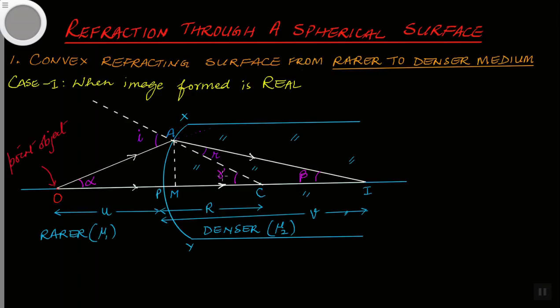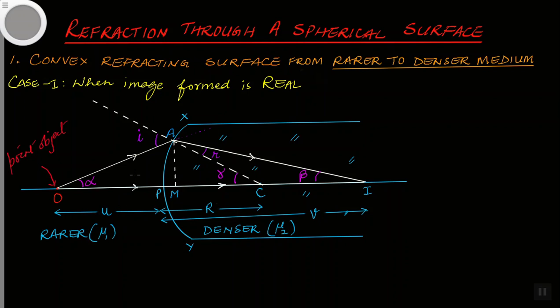By Snell's law, we have, you remember how we wrote Snell's law? So here it will be μ1 sine I is equal to μ2 sine R. Yes or no?